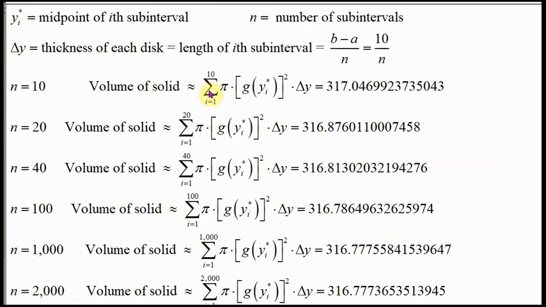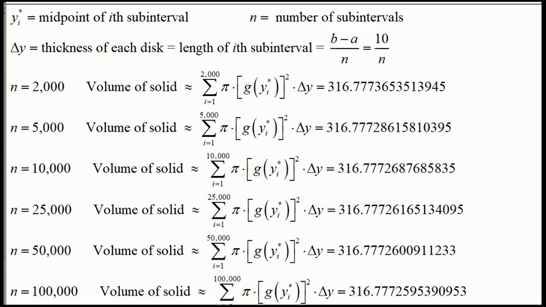Once again, this is the approximate volume when we use 10 cylinders. This is for 40 cylinders, for 1,000 cylinders. And this is for 2,000 cylinders, 5,000 cylinders, 10,000 cylinders, and then 50,000 cylinders.